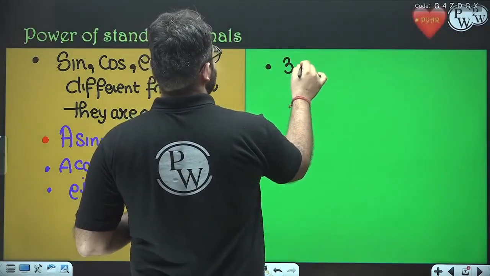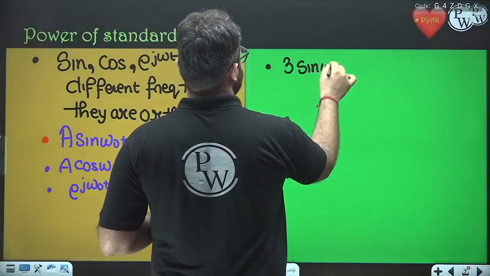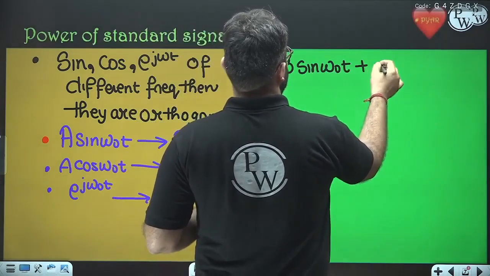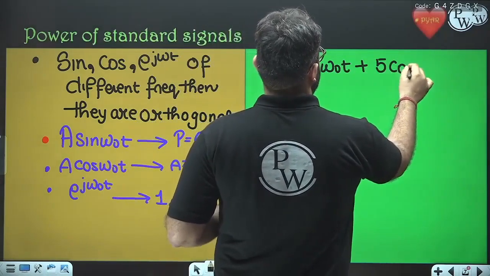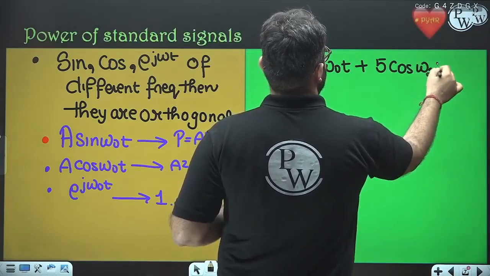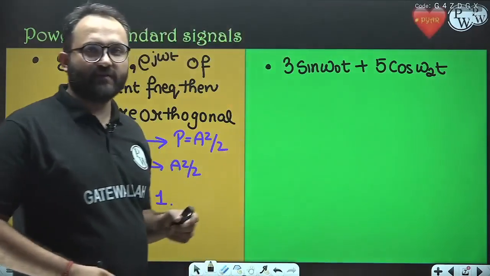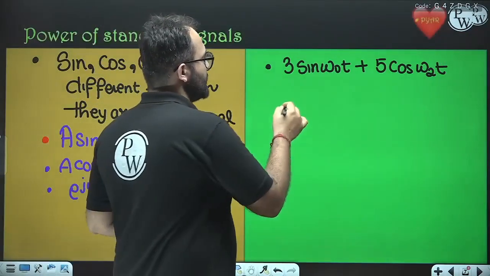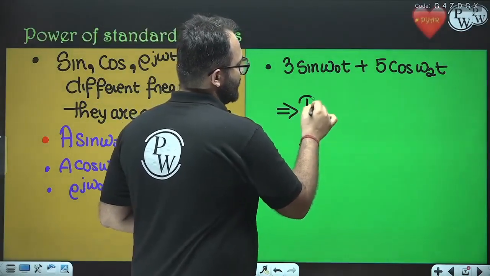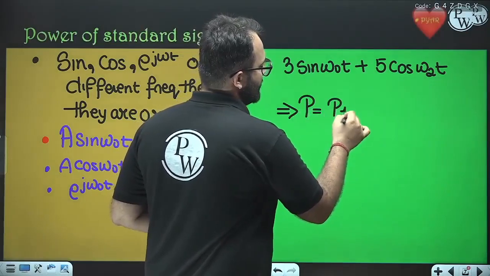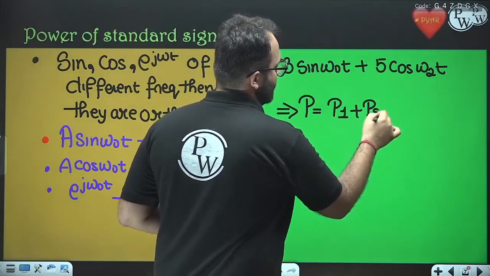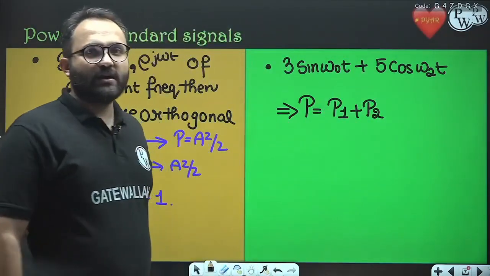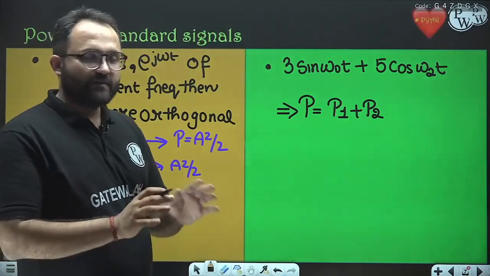One more example. Suppose we have 3 sin omega naught t plus 5 cos 2 omega naught t. Since the frequencies are not the same, they are orthogonal to each other, and since they are orthogonal, the power of the signal will be power of signal number 1 plus power of signal number 2, and thus the power will be simply added.